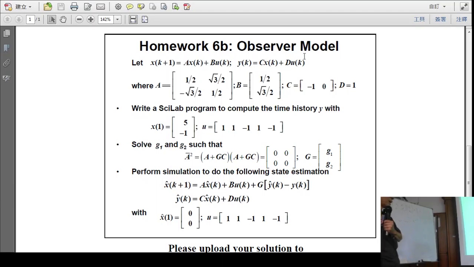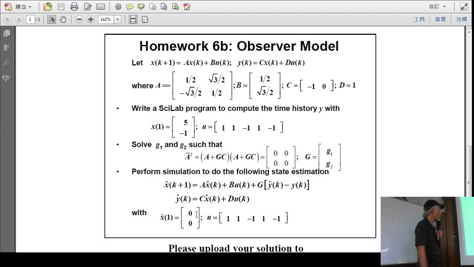I will show you how to do this very soon. I mean the observer model. And this observer model is important because it is the one used for feedback purposes. When you have states which are not measured, how can you estimate those states? That's what we call the observer model.